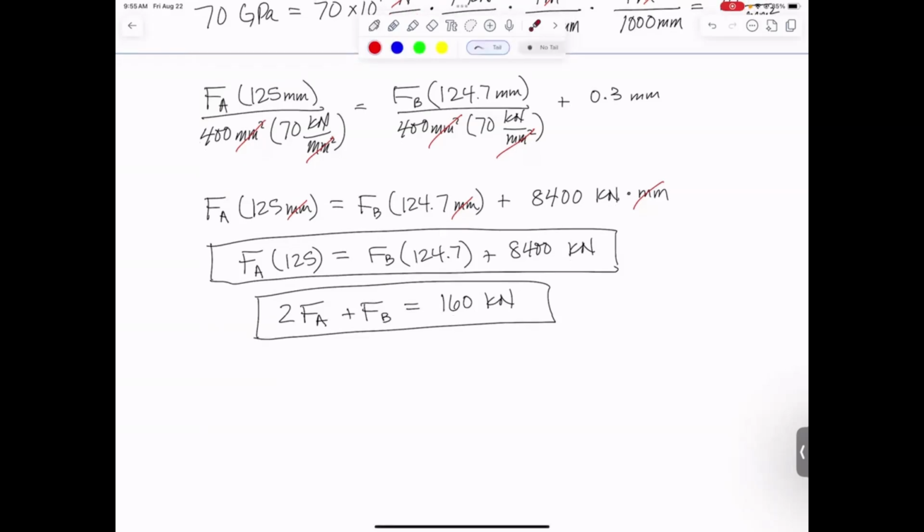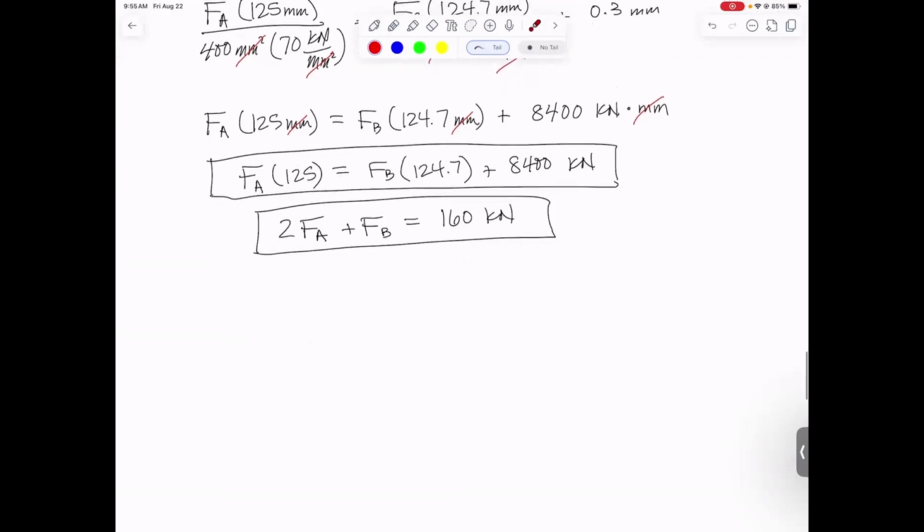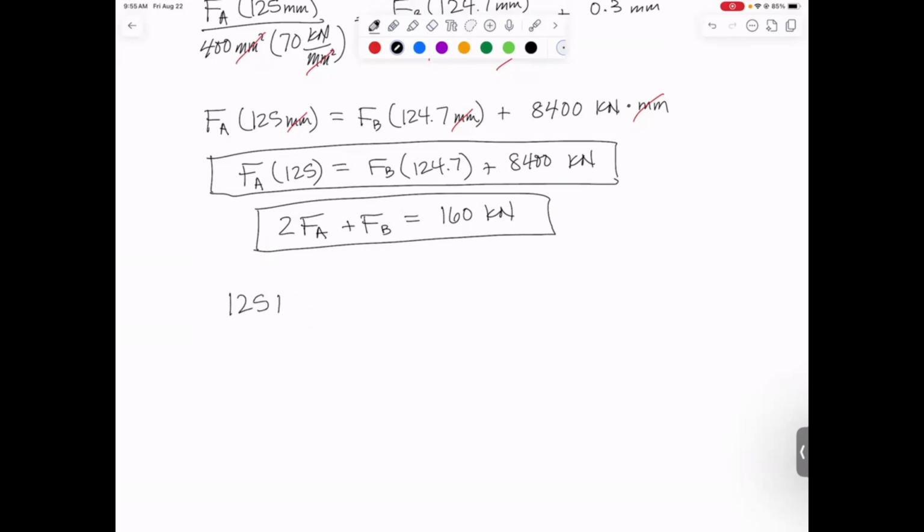When I have equations like this, I like to try to get the same factor in front of two of them. So for example, if I could have 125 in front of FA in this equation and have a minus 125 in front of FA in that equation, then I can add the two equations. Let me write them down one more time. So I got 125 FA minus 124.7 FB equals 8,400 kilonewtons.